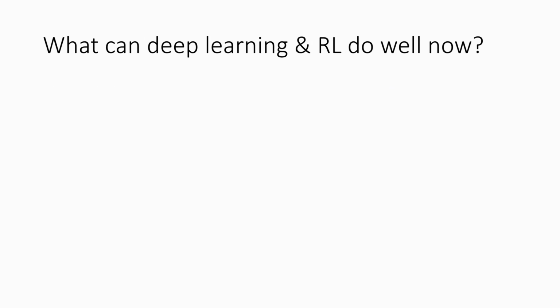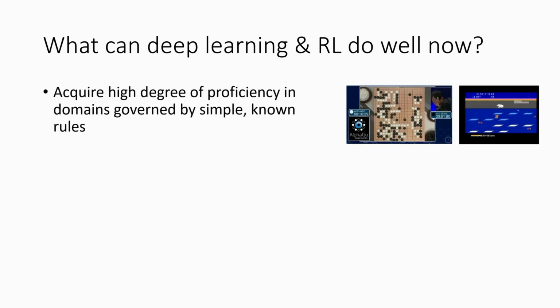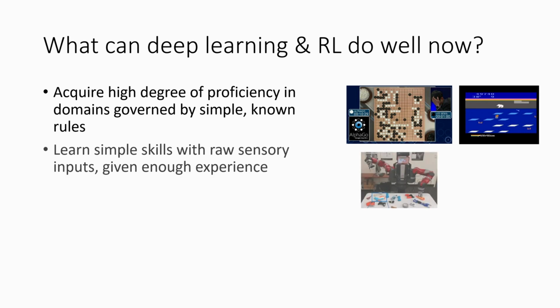So what can deep learning and RL do well now? Basically, what are the things that seem to be going right? Well, RL can acquire a high degree of proficiency in domains governed by simple and known rules, domains like the game of Go or an Atari game where you can basically play the game as many times as you want, you know how the world works, and you're just going to use that to distill it into a pattern of behavior.